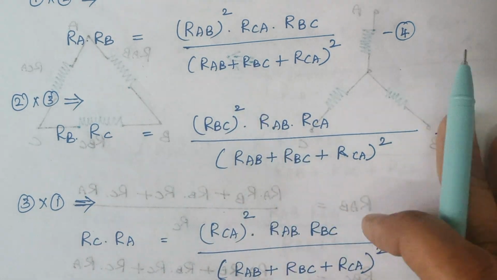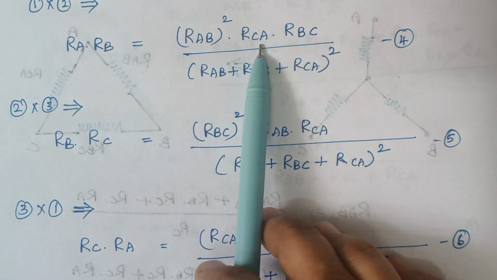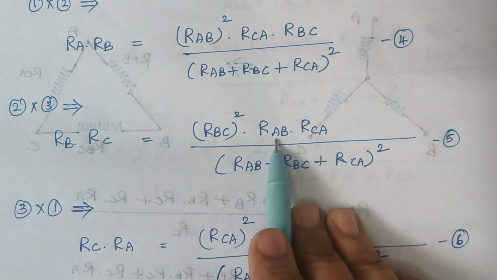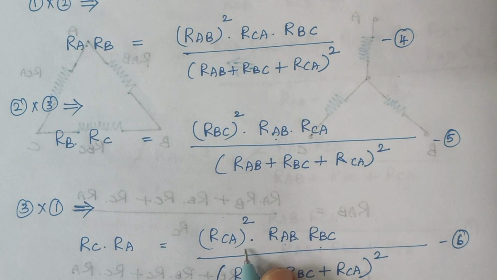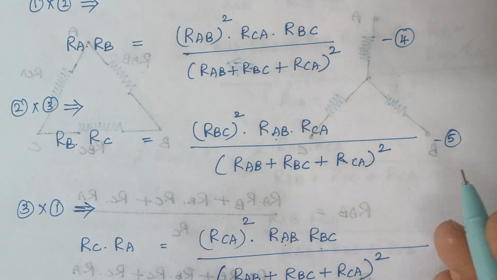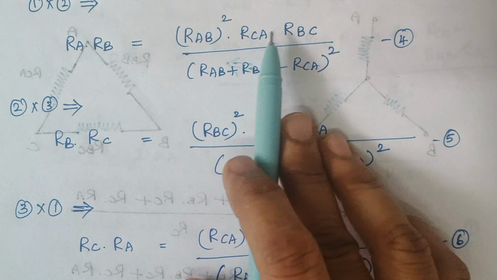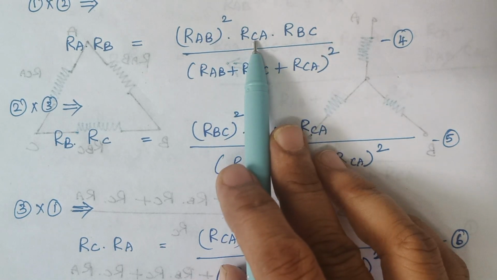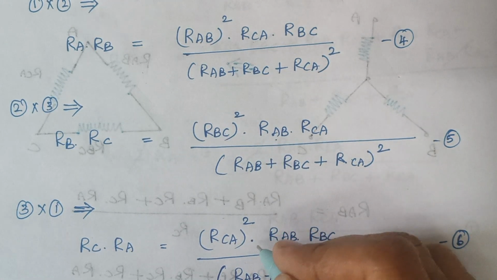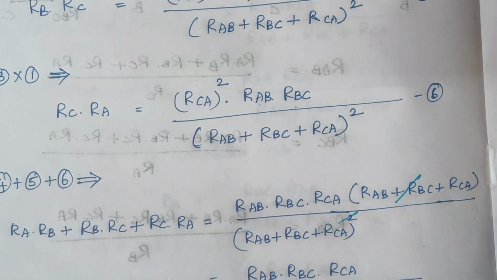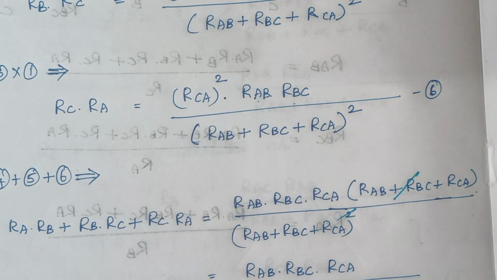When you look at the numerator part, RAB or RBC or RCA is present in all of them, so I am taking that term commonly outside. There is a remaining term of RAB here, RBC will be remaining here, and RCA will be remaining here. Therefore the remaining terms occupy place like this.